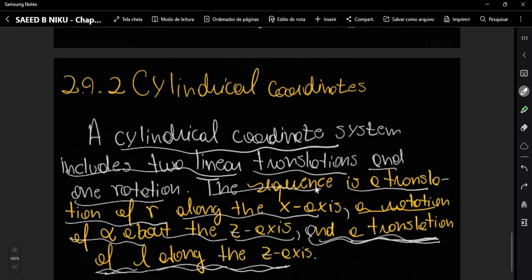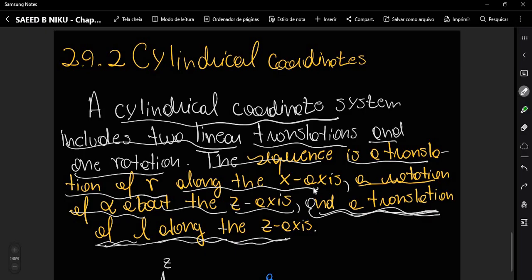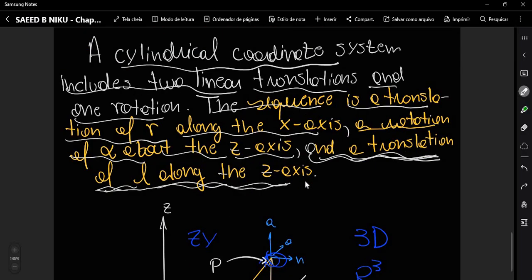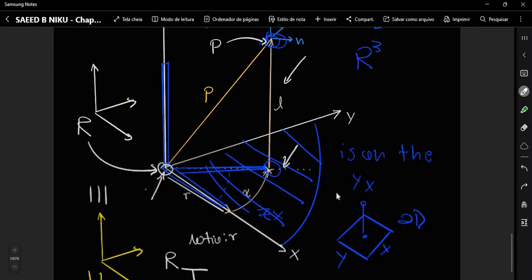So this is an example with this description: a sequence of a translation of R along the x-axis, and this R is from ratio, a rotation of alpha about the z-axis, and a translation of L along the z-axis.